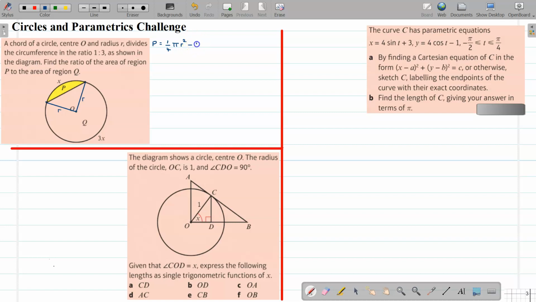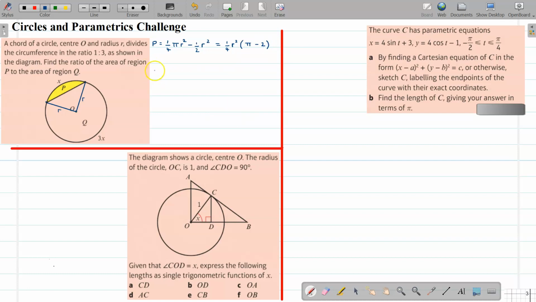If I just use half base times height, that's a half of r times r, which is a half of r squared. A common factor in both those terms is a quarter r squared. Okay, so if I take that out, I can just write pi minus 2, because a half is 2/4. So that's the area of P.